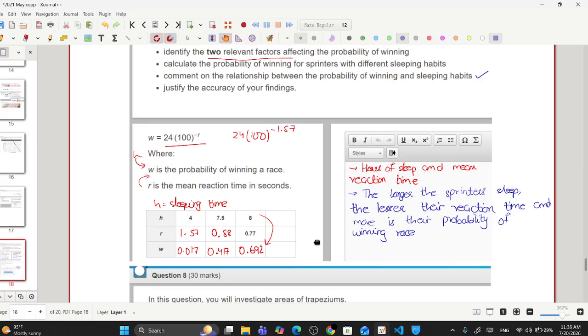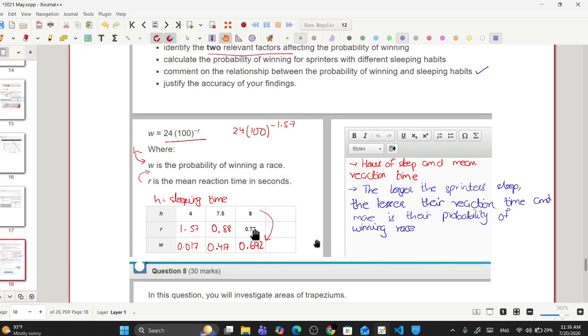Looking at this graph, it's not difficult for us to justify, just like how I extrapolated the graph to h equals 4 hours. What does justification mean? Think about it. This is what IB demands here.